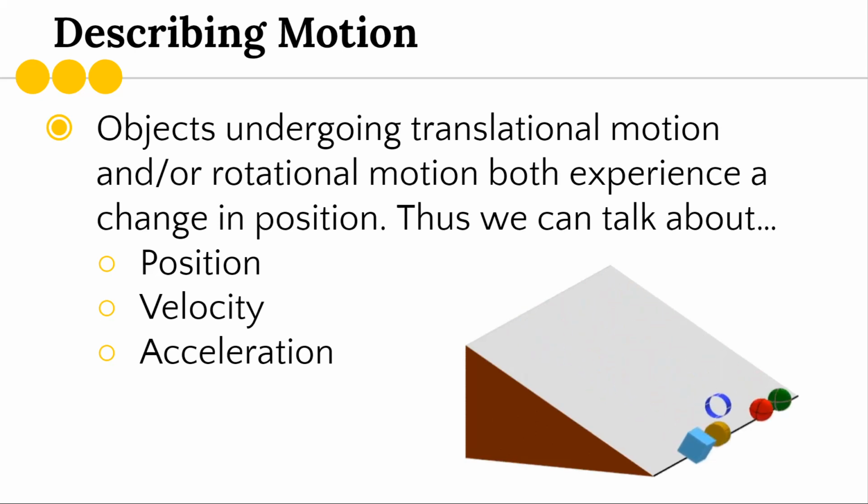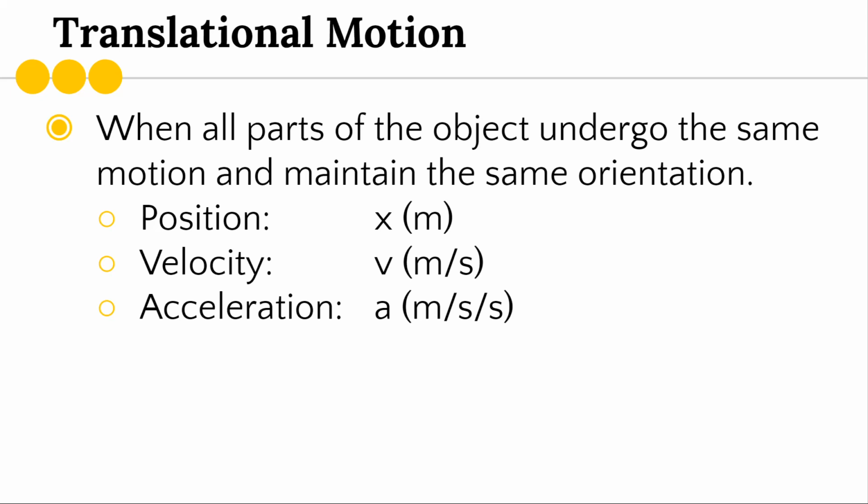But we can also talk about their velocity or their rate of change of velocity about their axis, which is what we're going to be looking at when we look at rotational motion. And so we can talk about changes in position or changes in velocity or rates of acceleration whenever we're discussing things that are rotating as well. It doesn't just have to be translational. We're going to look at it rotationally.